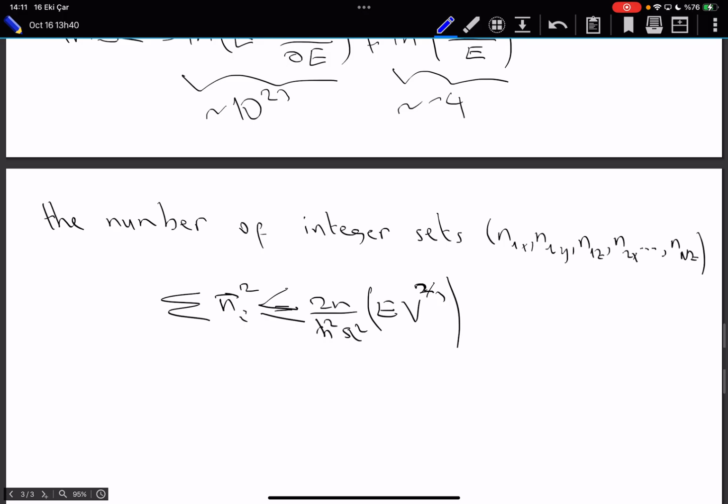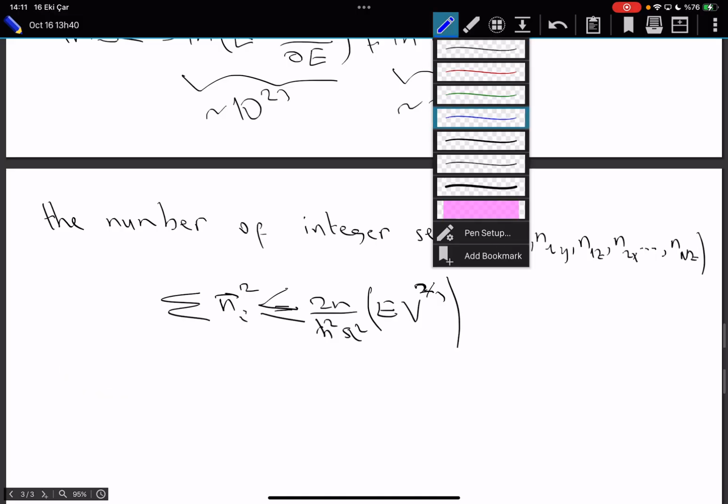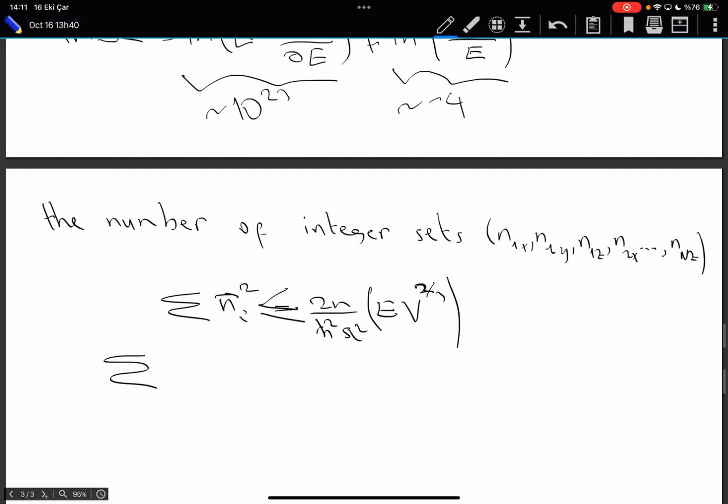Well, the volume, I'm sorry. I have to sum over 1 over each one of the points such that the sum of ni squared will be less than or equal to, let me give this a new name, E star. E star. This is what I'm trying to calculate. Well, let me write it as an integral.